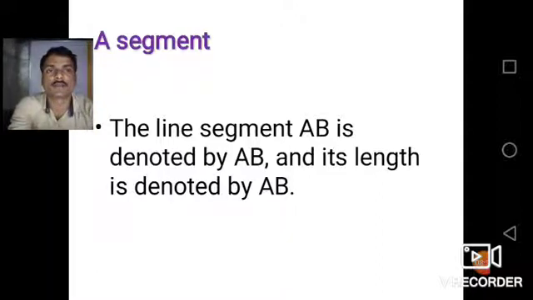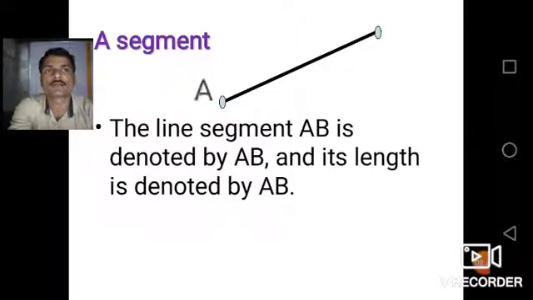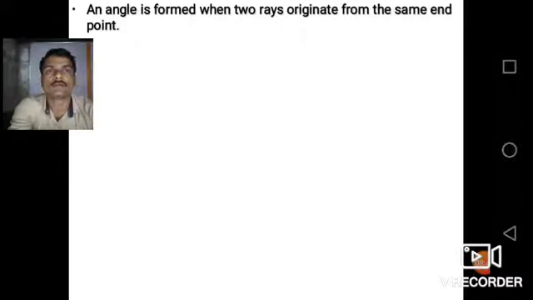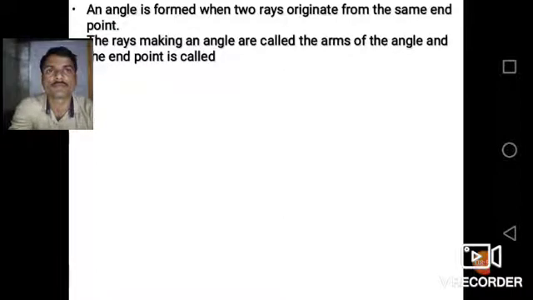The line segment AB is denoted by AB, and its length is denoted by l(AB). A and B are the endpoints of the segment AB, and an angle is formed when two rays originate from the same endpoint. The rays making an angle are called the arms of the angle, and the endpoint is called the vertex of that angle.